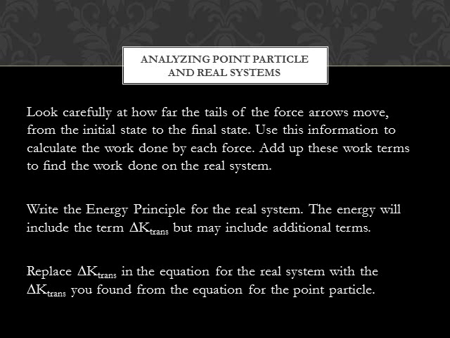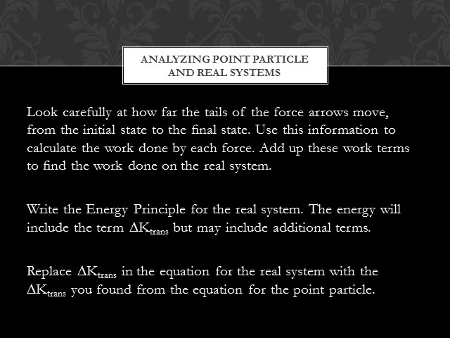Alright, now that we have that information, we want to look carefully at how far the tails of the force arrows move from the initial state to the final state. Use this information to calculate the work done by each force. Add up those work terms to find the work done on the real system.